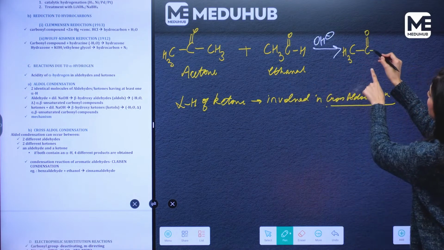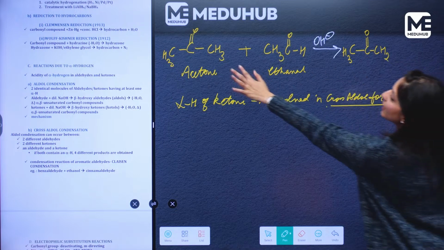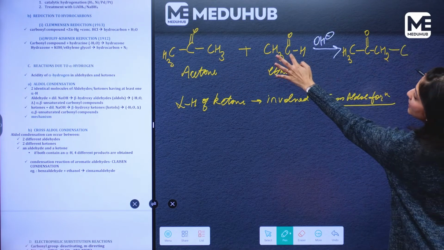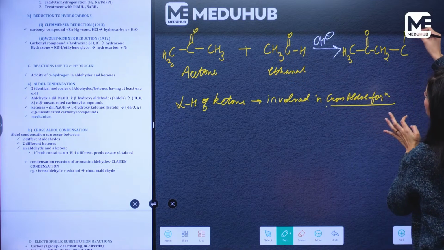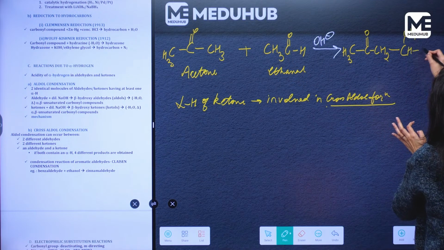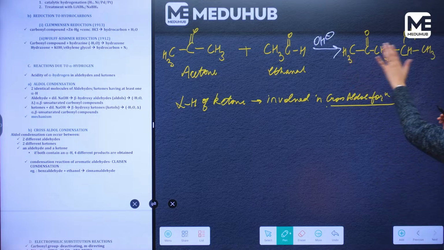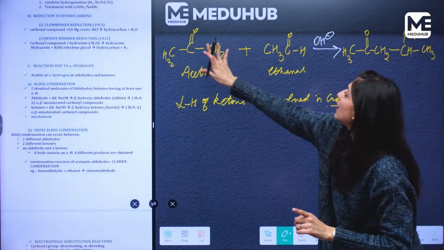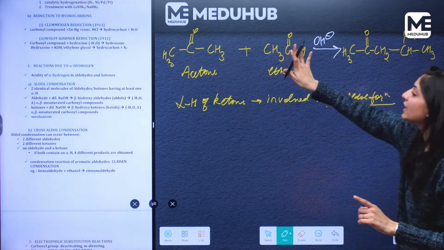This is acetone. It lost an alpha hydrogen from here, so CH2. This combined with this carbonyl carbon here, and this is the beta hydroxy ketone that we get. This is the cross aldol product, apart from the simple aldol products between acetone and ethanal.